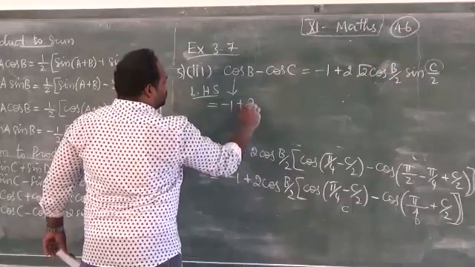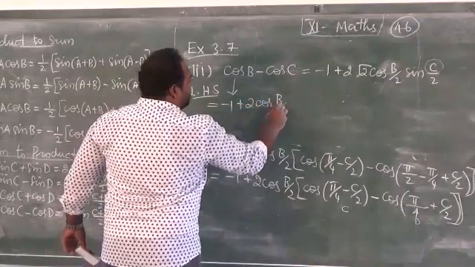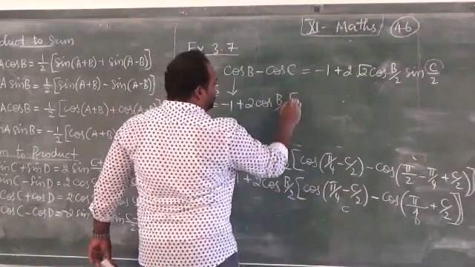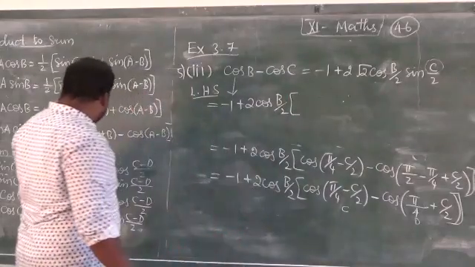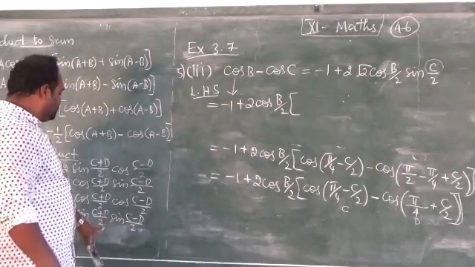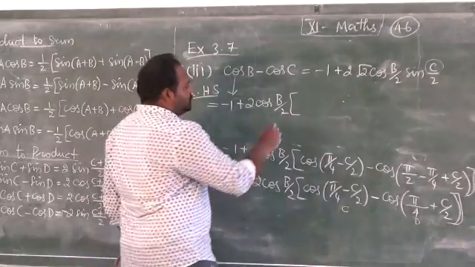Minus 1 plus 2 cos of B by 2 into, the cos C minus cos D formula is minus 2 sin of (C plus D) by 2 times sin of (C minus D) by 2.